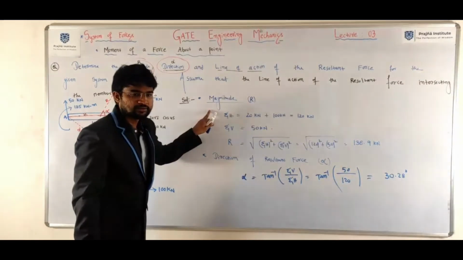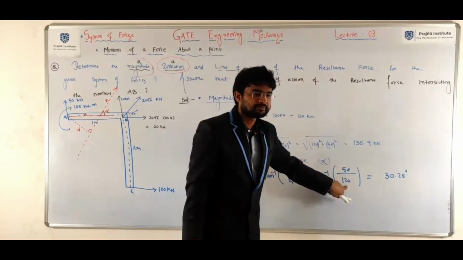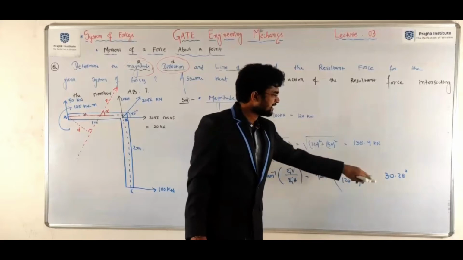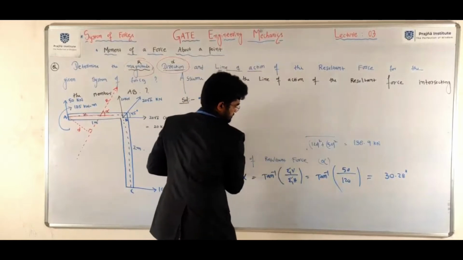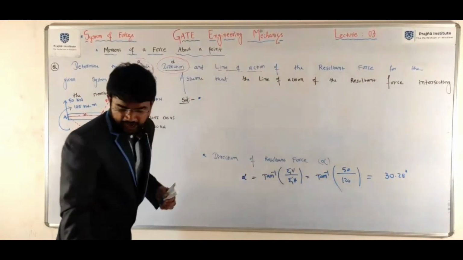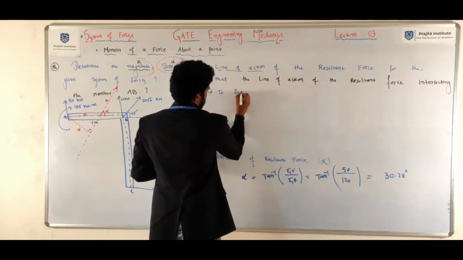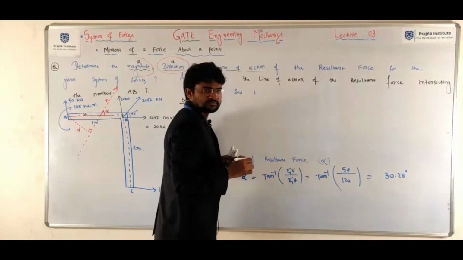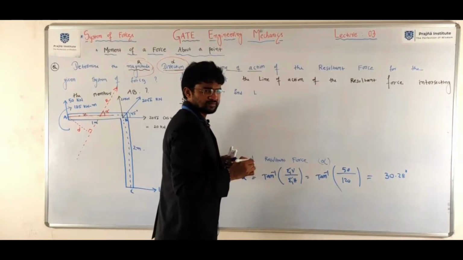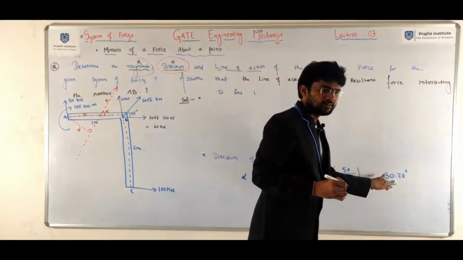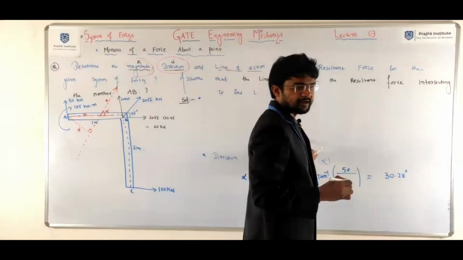Magnitude: square root of 50 square plus 120 square, 138.9 na?